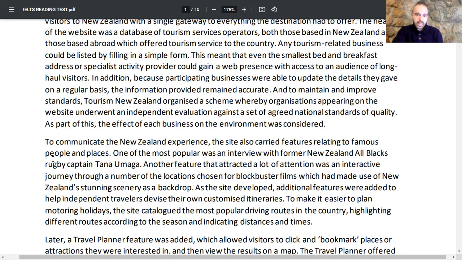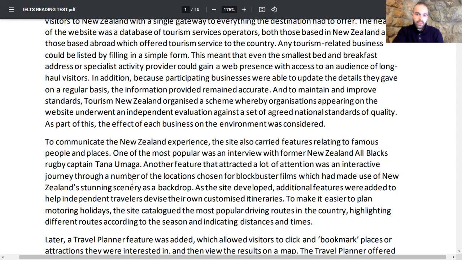Journey is a synonym of tour, so that might help me to keep reading. I'm getting closer to the actual answer. Journey through a number of the locations chosen for blockbuster films, which had made use of New Zealand's stunning scenery as a backdrop. So I assume that number 4 is films.